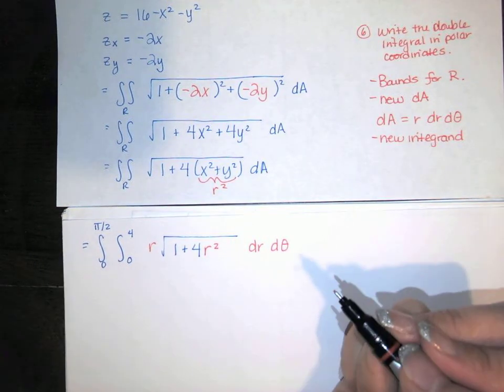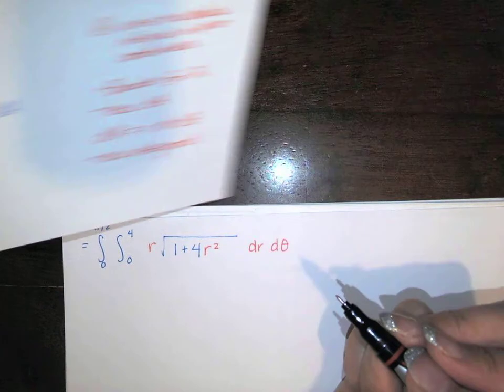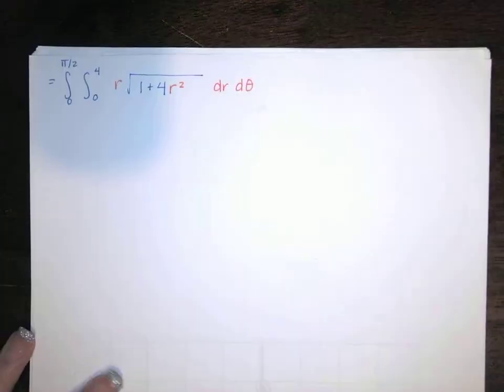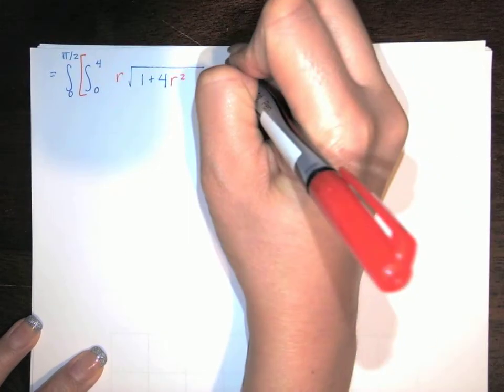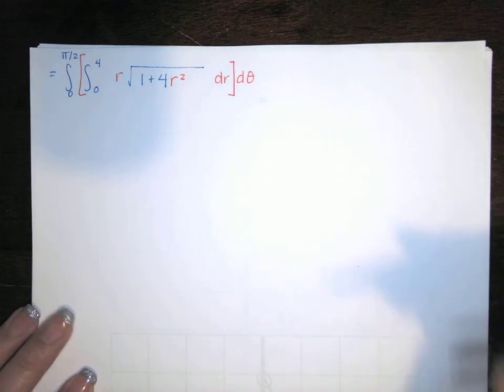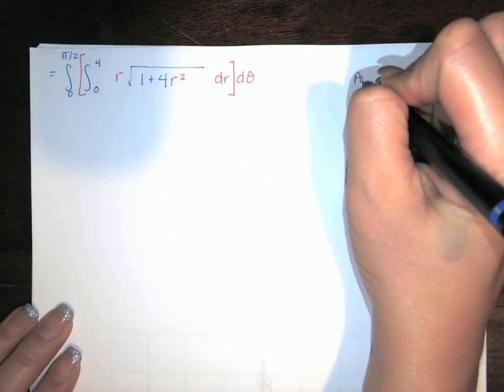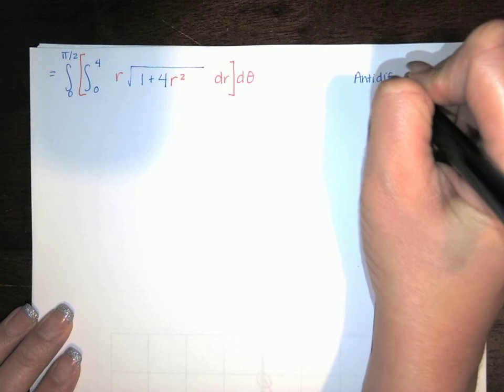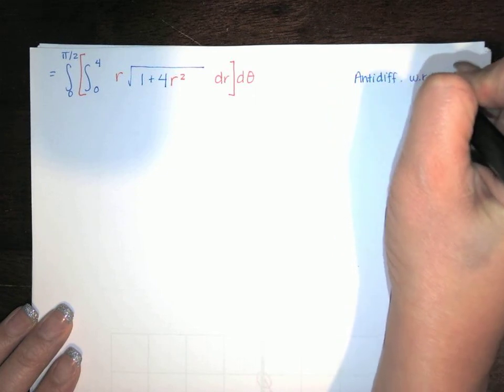Okay, now we've got our integral in polar coordinates. So we will evaluate it and we'll be done. Remember how this works? You start with the innermost integral first and work your way out. So we will start by anti-differentiating with respect to r.